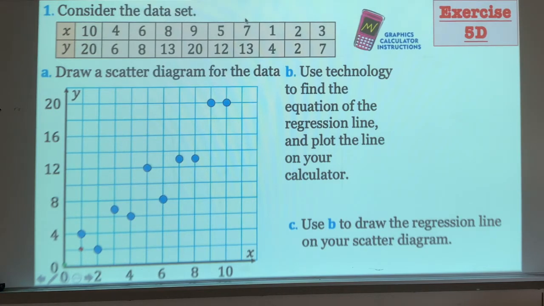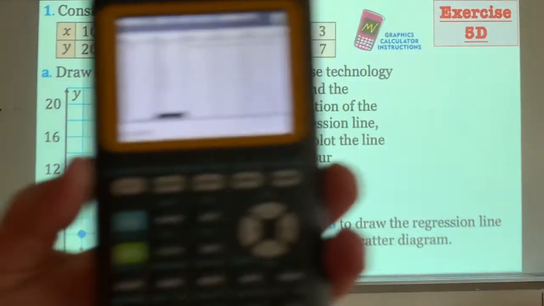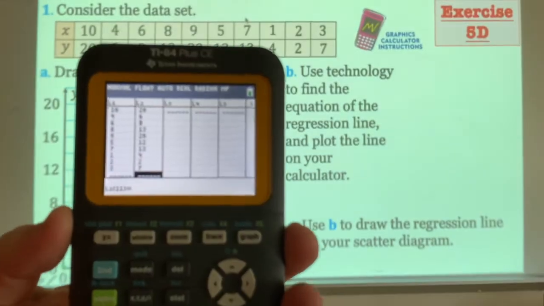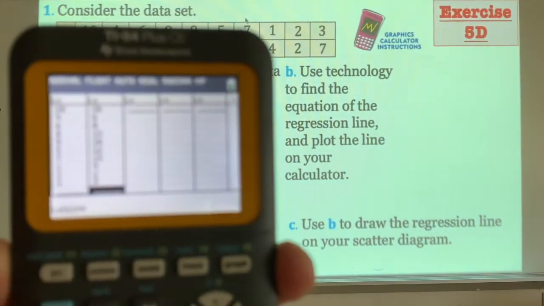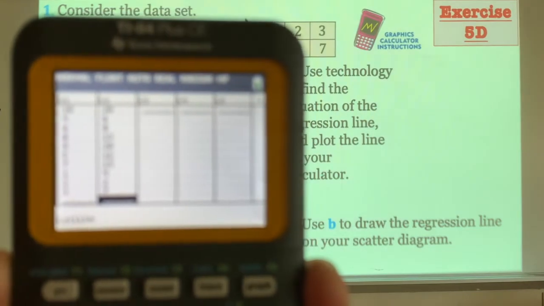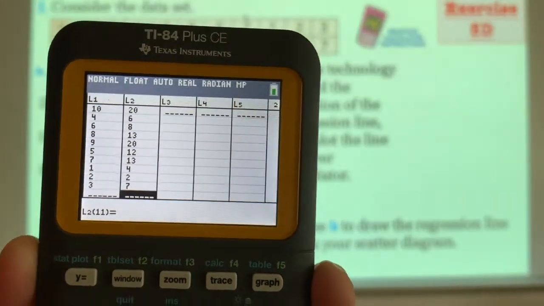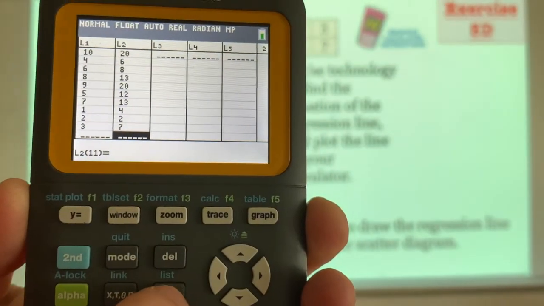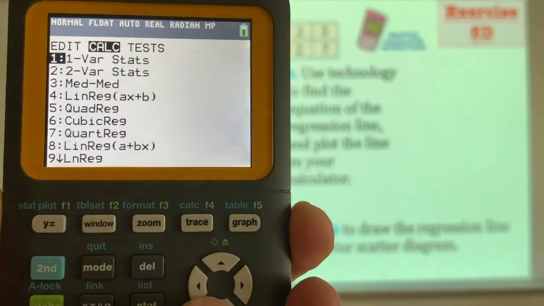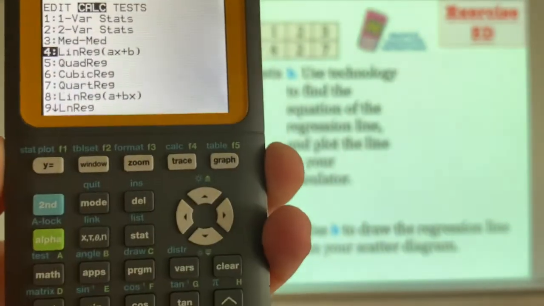All right, got it. So you got all your lists in there, right? Good. We got our lists ready to go. Come back here. Okay, I'm going to hit the word stat. I'm going to hit calc. I'm going to go down to number 4, LinReg.